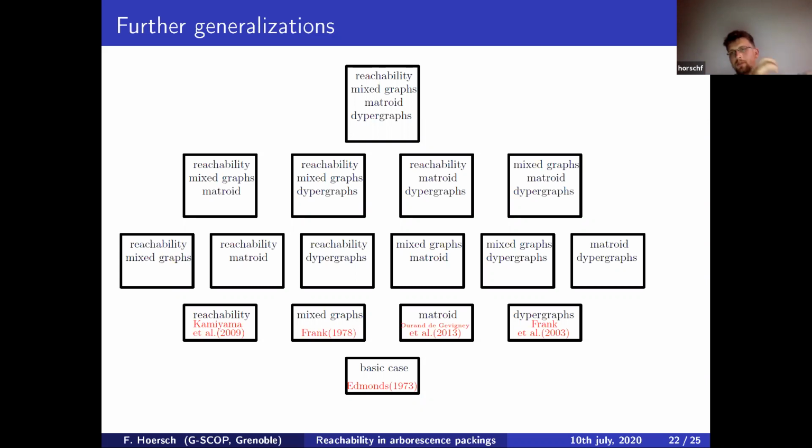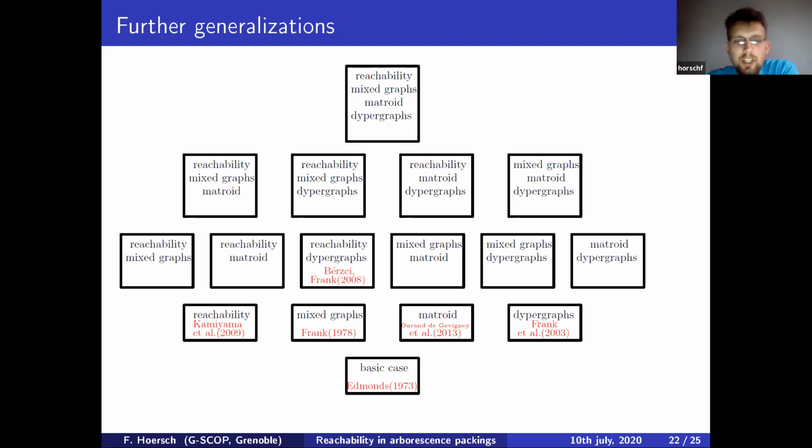And so these were the 4 basic things. When I have just one of the 4 properties, I can do all of that. And now people started wondering whether they could be combined. There is this theorem that combines reachability and digraphs. This was by Bércsi and Frank in 2008.